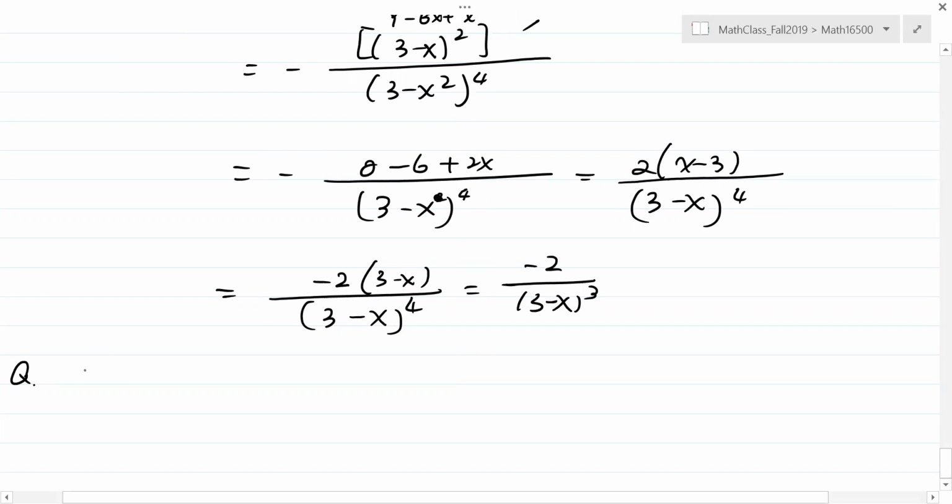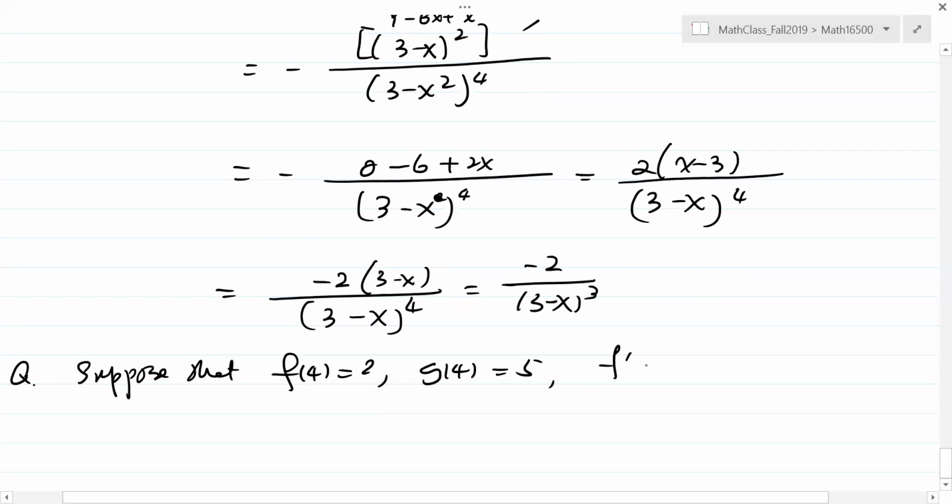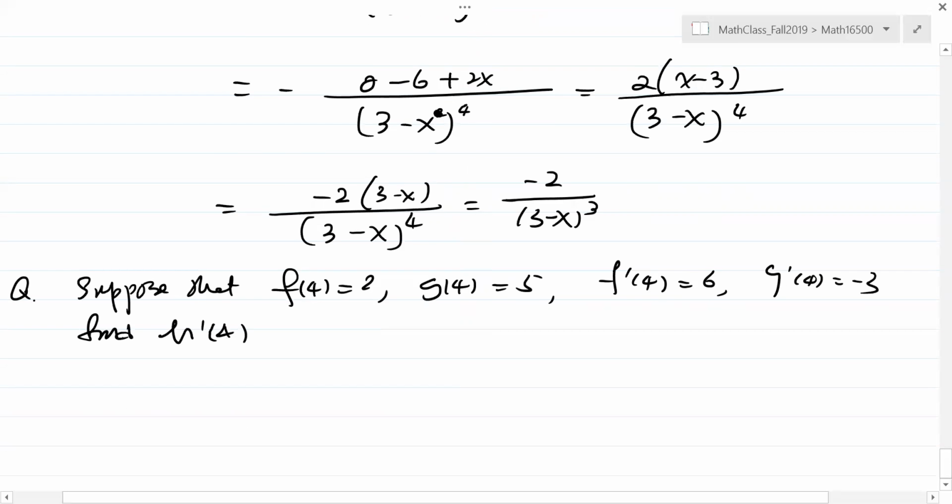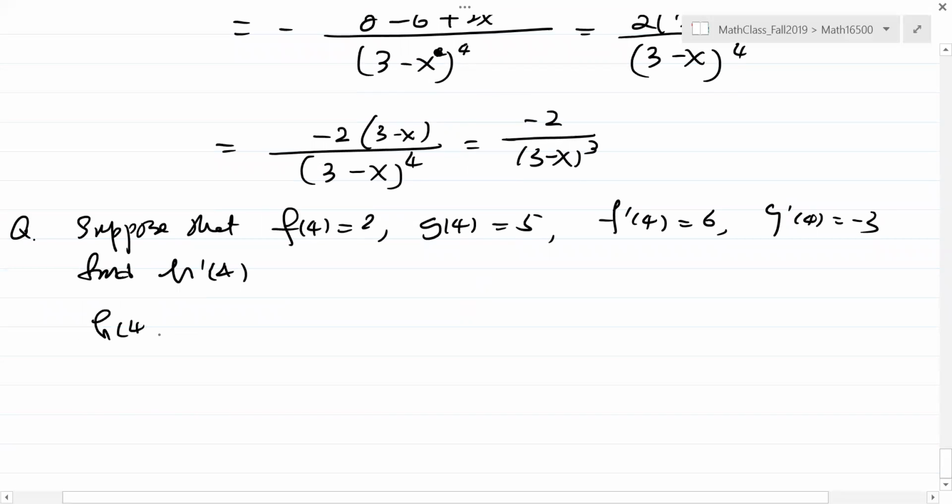Right, we suppose that f of 4 equals 2, g of 4 equals 5, f prime of 4 equals 6, g prime of 4 equals negative 3. Find h prime of 4. Okay, here h of x is going to be f of x over g of x.